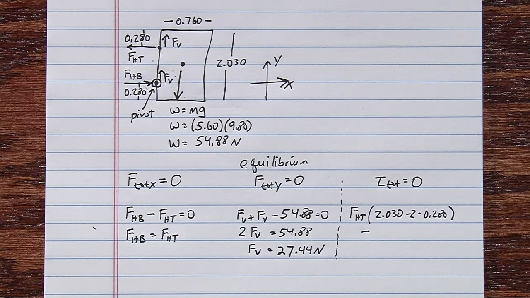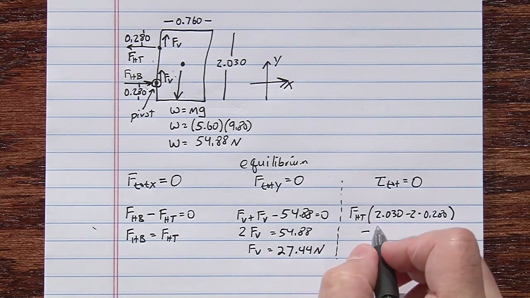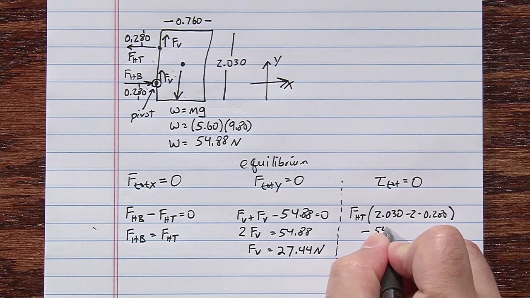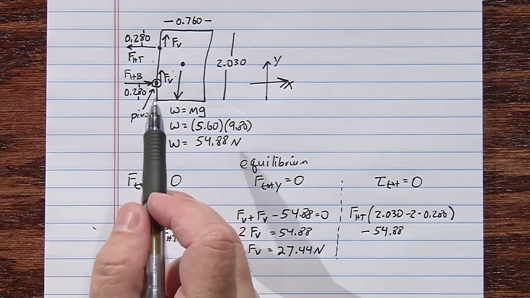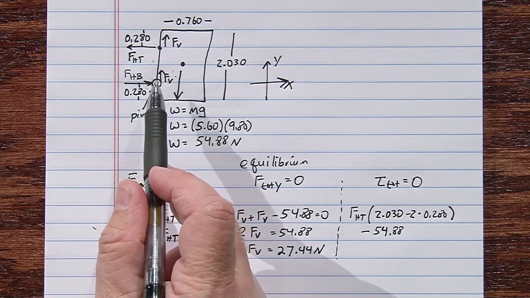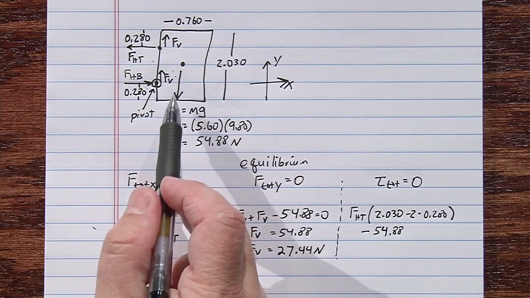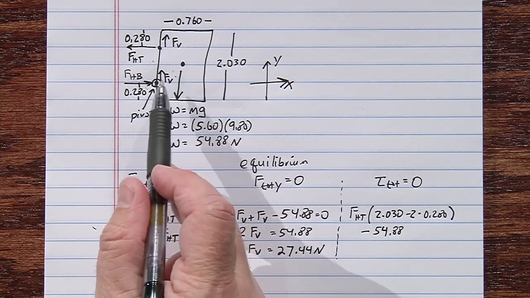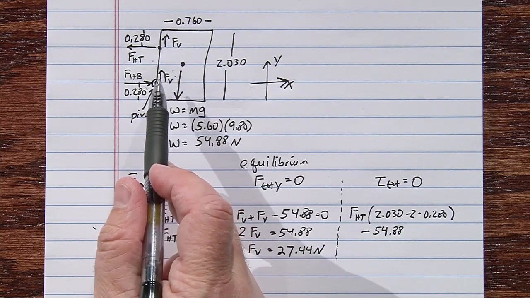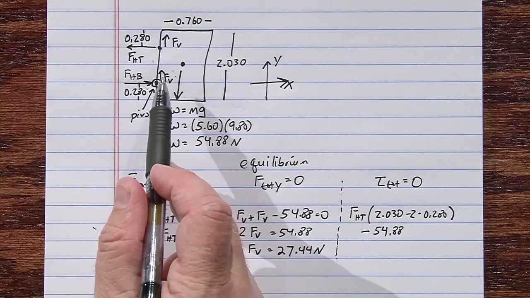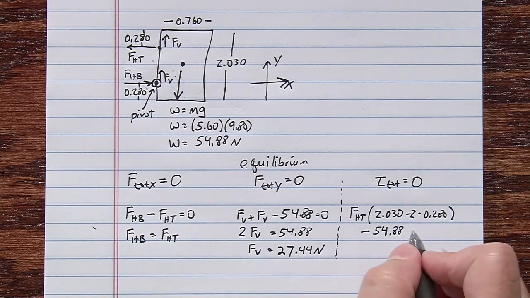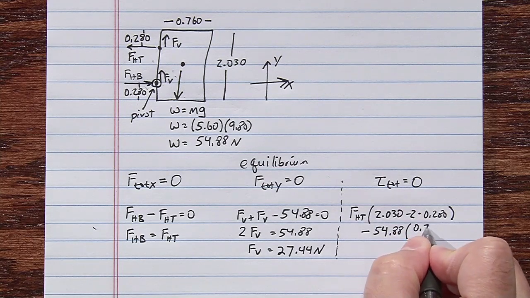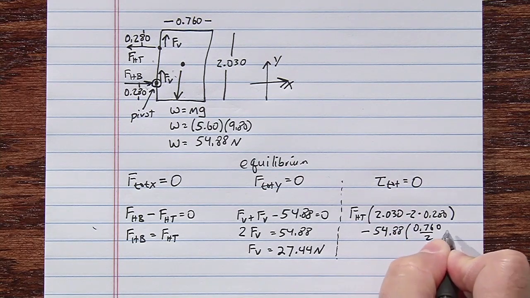my weight, which is 54.88 newtons, times, and what I'm going to use is the perpendicular distance between this force and the pivot point. And the perpendicular distance is 1/2 of the width of the door. So, times 0.760 divided by 2.